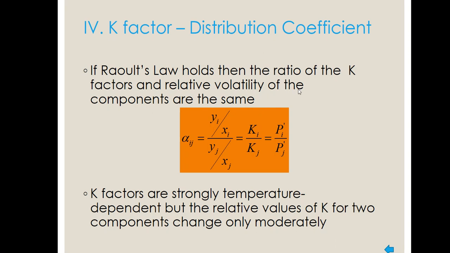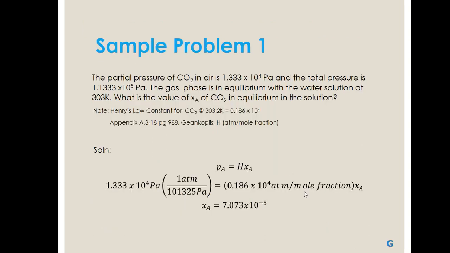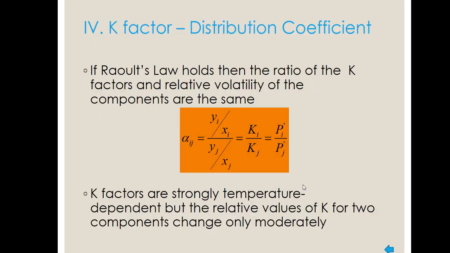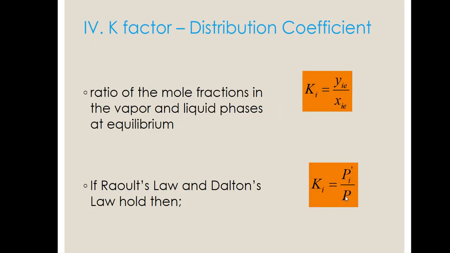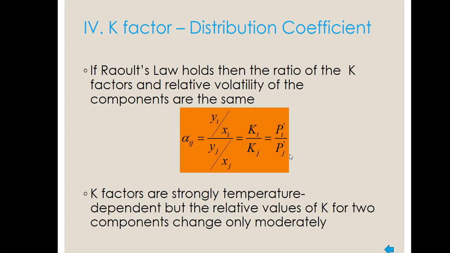So what does that mean? If we want to get the ratio of the two distribution coefficients of the components I and J of your mixture, if Raoult's law applies, that would also be the same as this one. You eliminate the total pressures in the previous formula, because anywhere you are talking about a ratio, they will cancel each other in here. So you have simply this one.